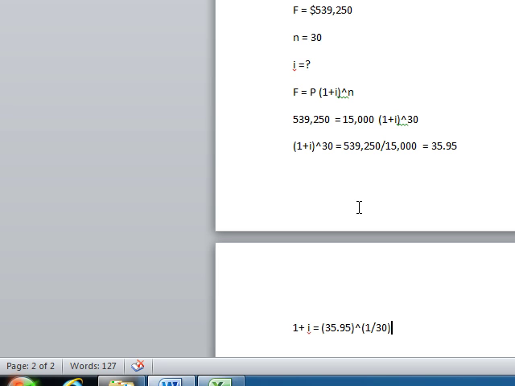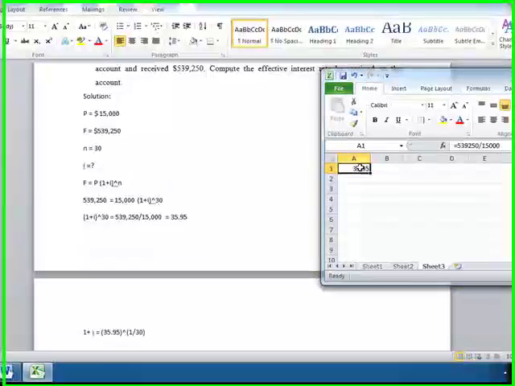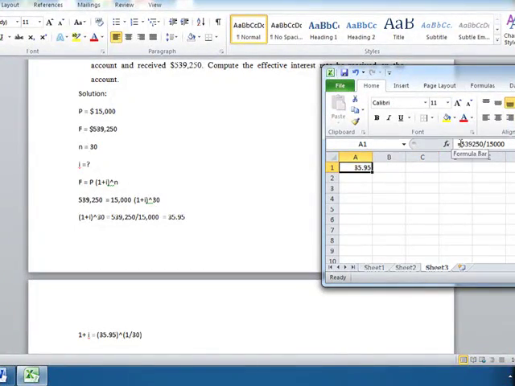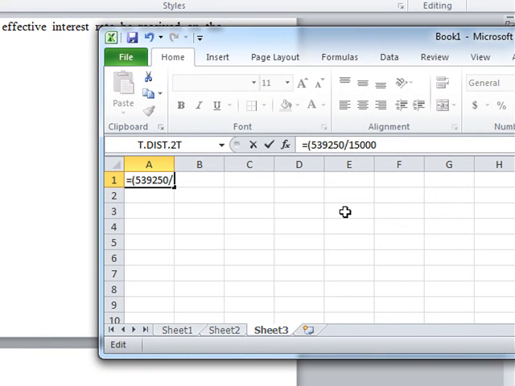So when this 30 goes on the other side, it becomes 1 over 30, right? So now we need to calculate that. I have that calculation here. I'm going to put 35.95 in a bracket and raised to, I can use the hat sign, then a new bracket. In that bracket I am going to type 1 divided by 30, bracket close.